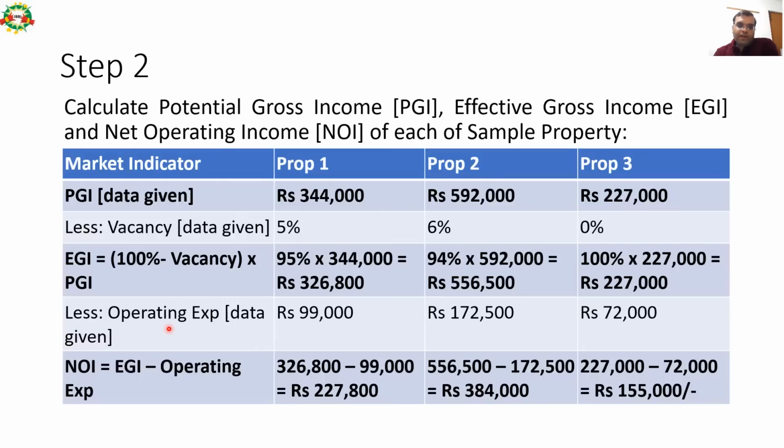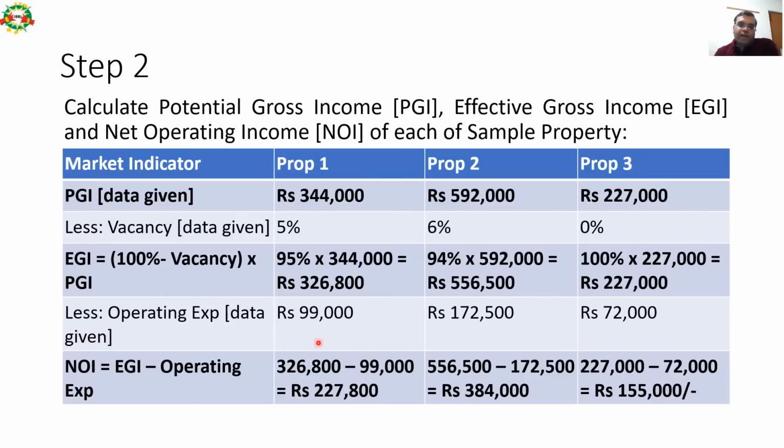Then we have to deduct operating expenses. It is also given in the question. So operating expenses are 99,000 rupees in case of property number 1, 1.72 lakhs in case of property number 2, and 72,000 in case of property number 3.